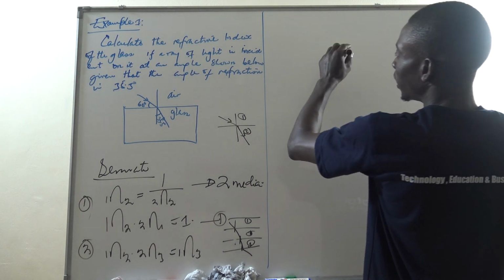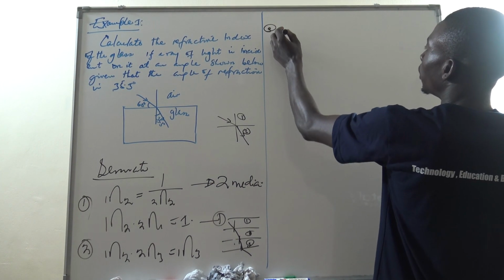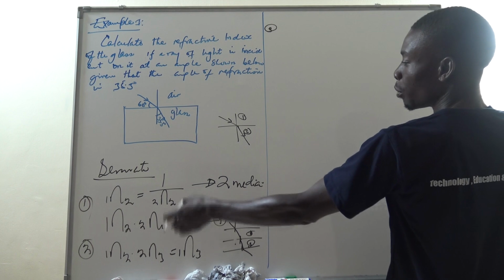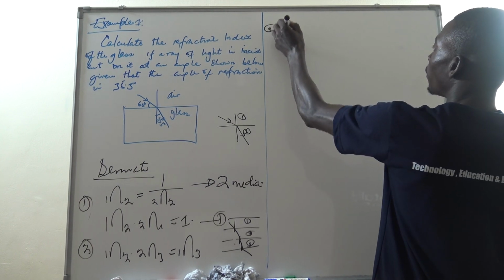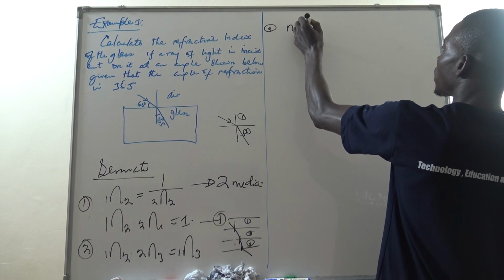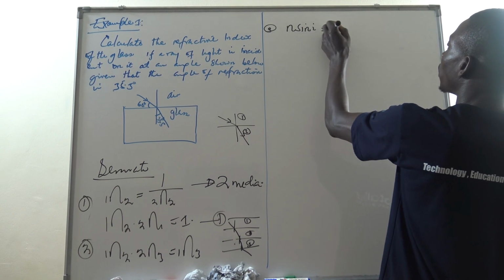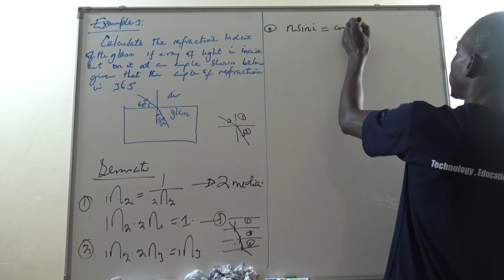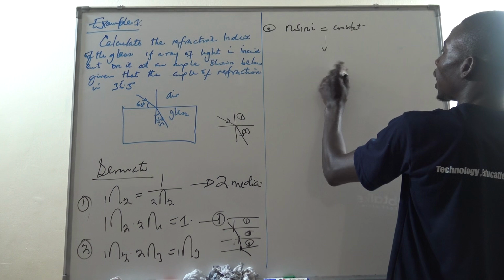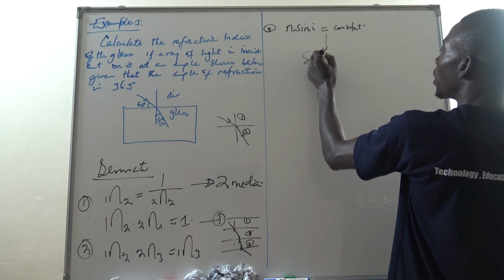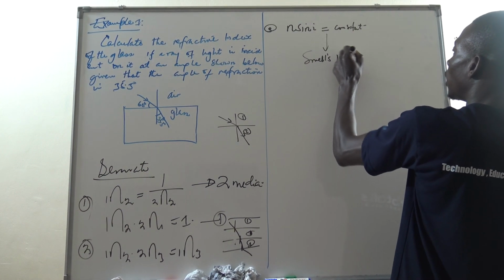And then lastly, we said that for any pair of media like this, we shall have n sin i being equal to a constant. And that is what we are saying, that this has something to do with Snell's law.